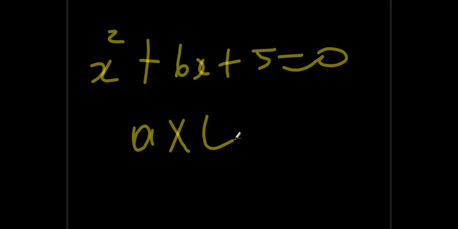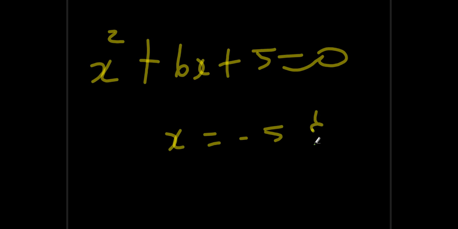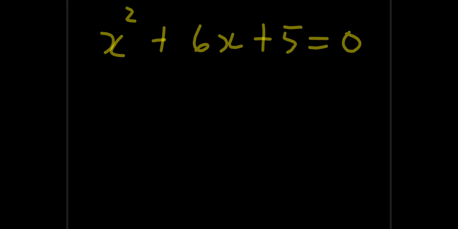So let's solve this quadratic equation using one of the other methods, starting with the quadratic formula. The last time we solved this by factorizing, we got x equal to -5 and x equal to -1. Let's see if we get the same thing with the quadratic formula.